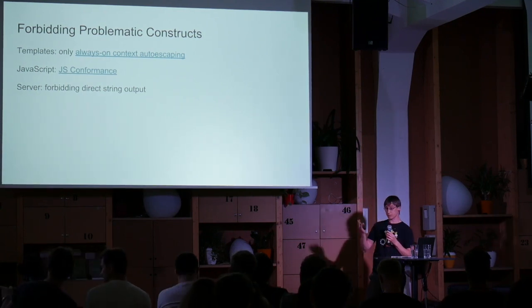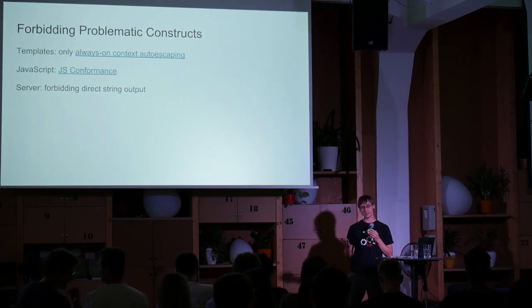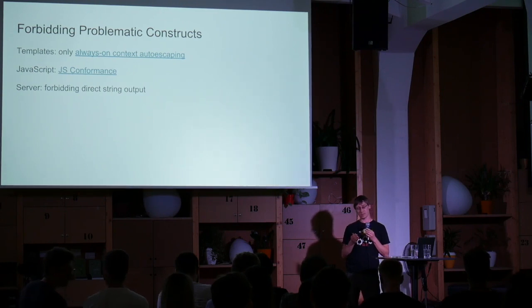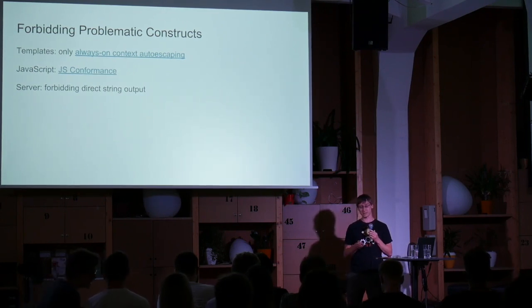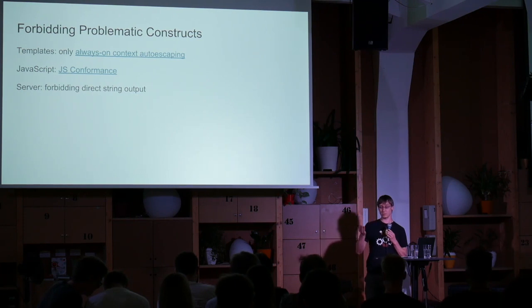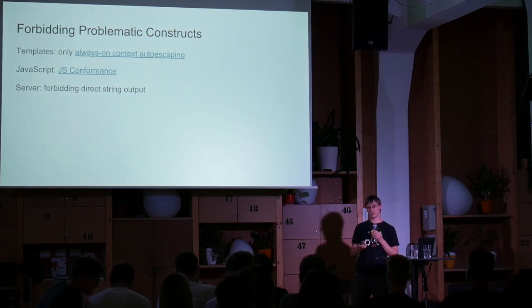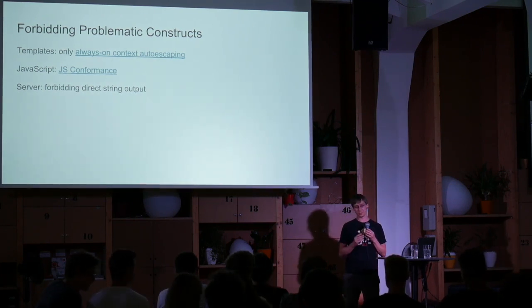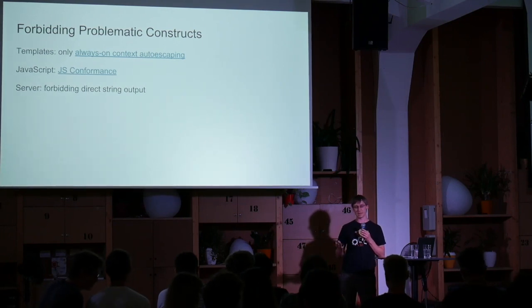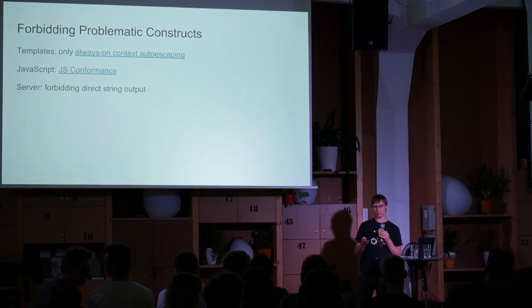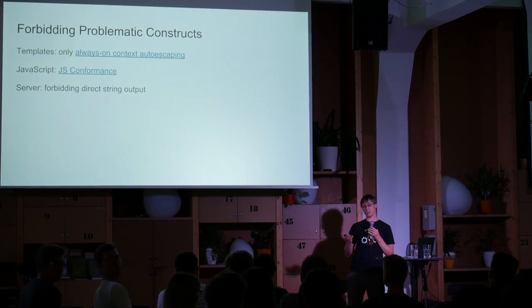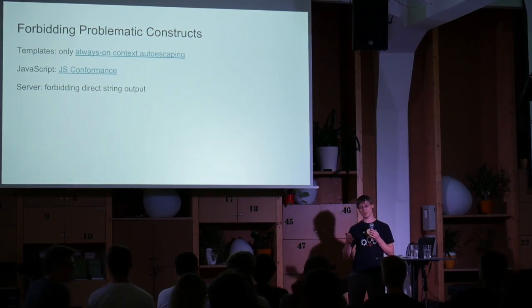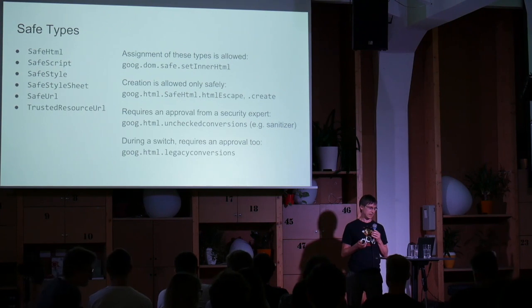And we do this also on the server side. So you are not allowed to just print any string as an output, because that could be dangerous as well. So what you can do on the server to actually send the HTML to the client is, again, you are allowed only to, for example, use a safe template, which we can guarantee is safe.